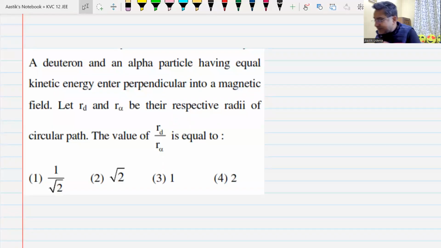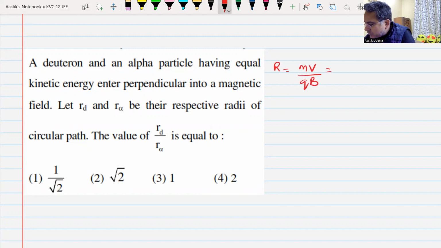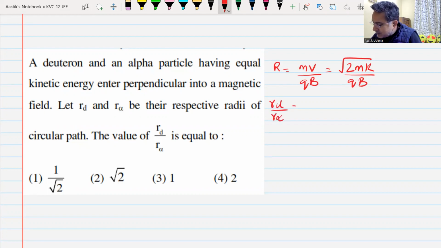Okay, I will do it. Radius is mv by qb, or it is under root of 2mK by qb. So radius of the deuteron divided by radius of alpha particle will be equal to root over mass of deuteron divided by mass of alpha particle, multiplied by the charge of the alpha particle divided by the charge of the deuteron.